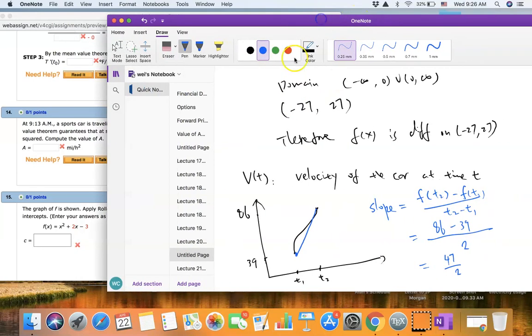Now, the mean value theorem tells us that when the function is continuous and differentiable on this interval, then at some point between t1 and t2, I can find a point at which the tangent line will be parallel to this secant line.